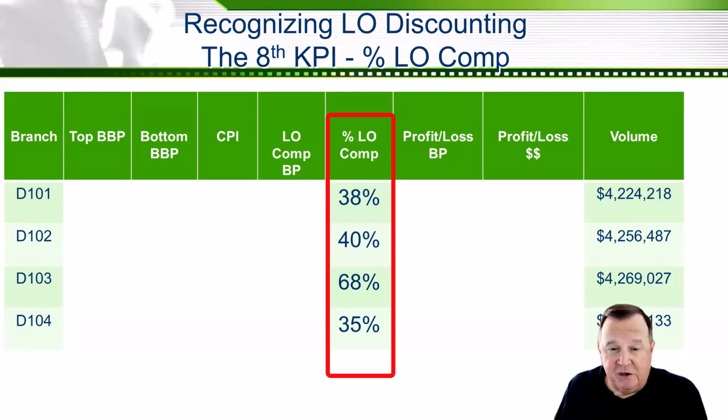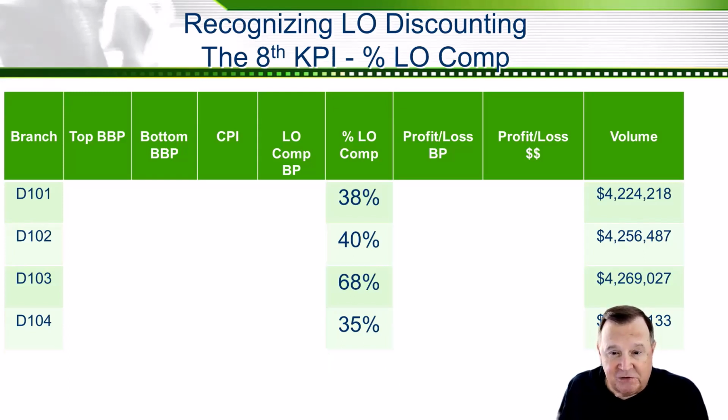You used to pay LO comp, rules changed this a few years back, but ultimately you used to be able to pay a loan officer based upon the percentage of revenue that they brought in. So if you agreed to pay them 50%, they brought in 300 basis points, you pay them 150.